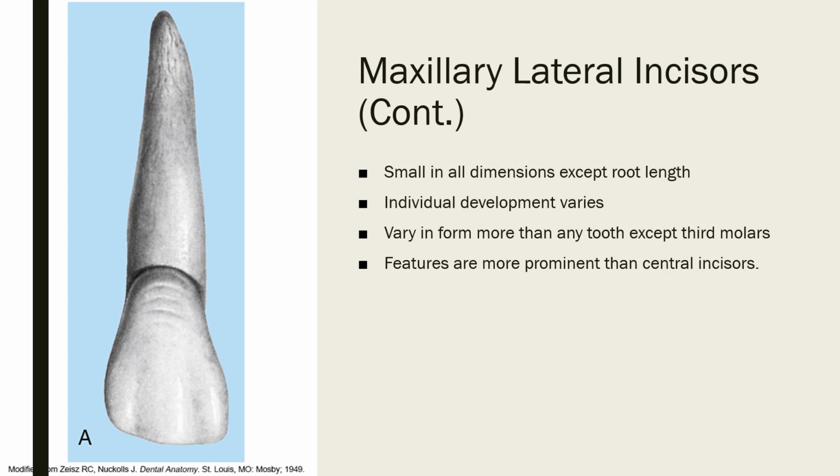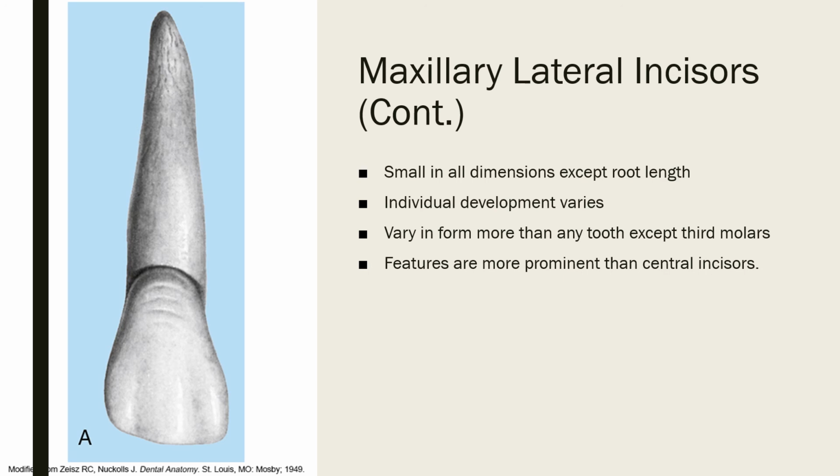Really understanding that this is where you're going to see teeth missing. You could see pegged laterals, which are really small laterals. So this tooth is very prone to all those anomalies.